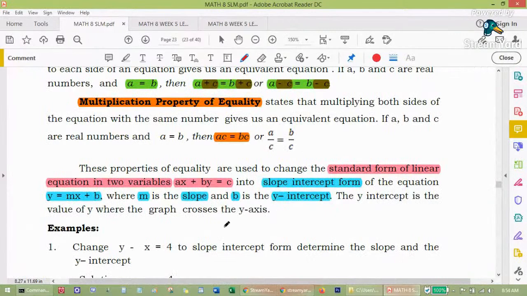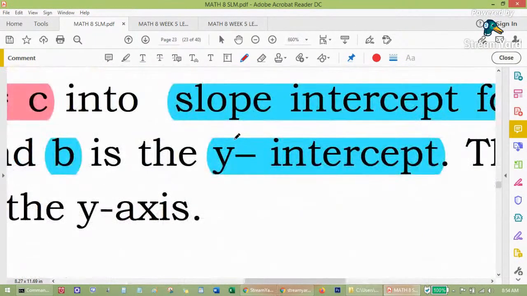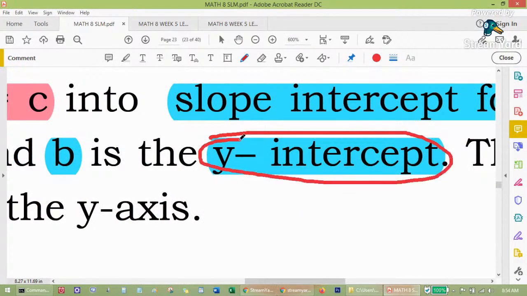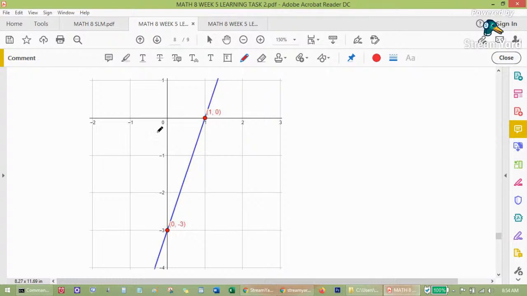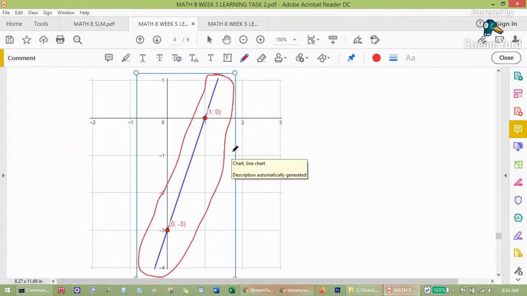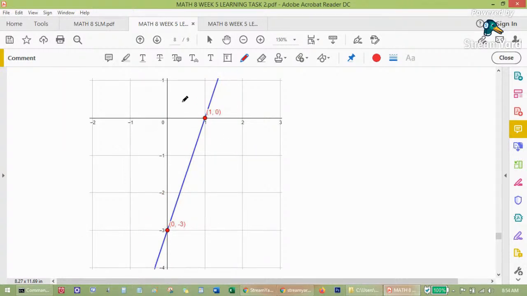Okay, so what is the y-intercept? Ano ba yung y-intercept? Or let's take a look at this graph. Kapag nag-drawing ka ng linya, okay? Bago tayo mag-drawing ng linya, itong graph na to, medyo may mali dito, no?